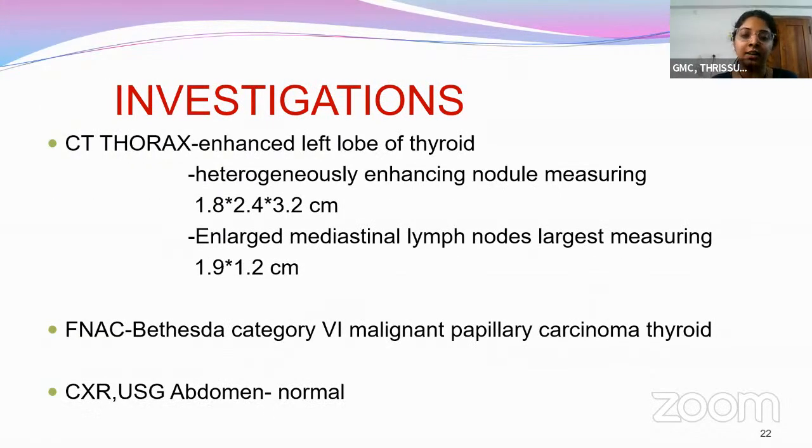For further extension of the mass, we did a CT thorax, which showed an enhancing left lobe of thyroid with an enhancing nodule measuring 1.8 by 2.4 by 3.2 centimeters, and enlarged mediastinal lymph nodes. FNAC was done, and it showed Bethesda category 6, malignant papillary carcinoma of thyroid.